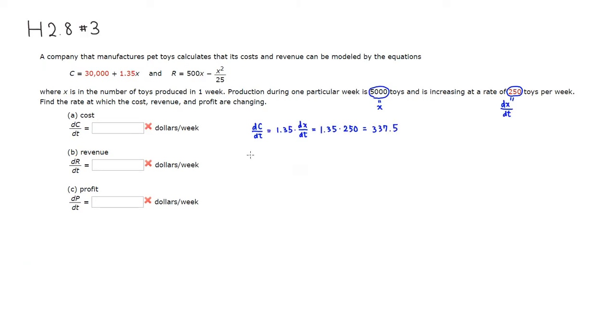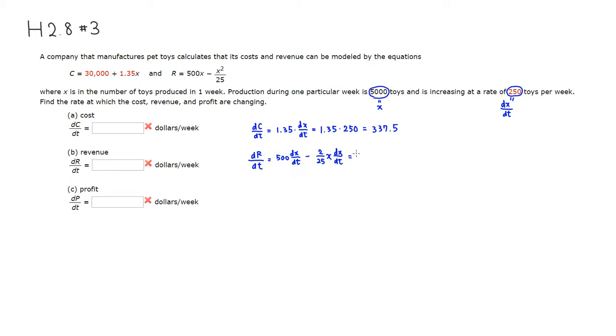dR/dt would be, the derivative of 500x would be 500 dx/dt, minus, the 25 is on the bottom, and the derivative of x squared would be 2x, then we have a dx/dt.